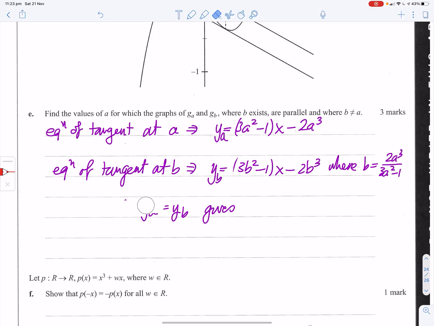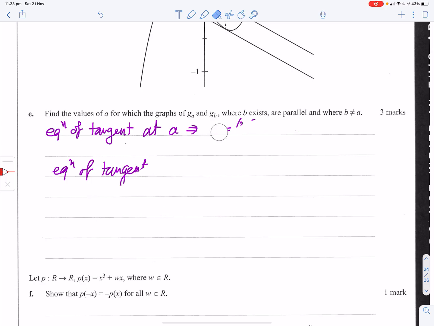So all we care about is the gradient. We don't need the equation of the tangent, you dumbass.